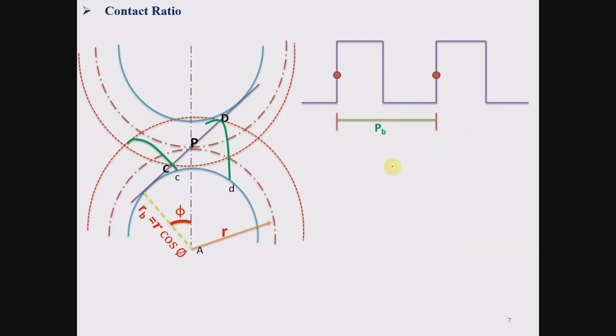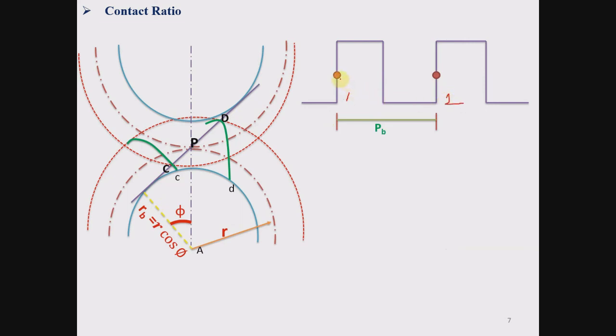Now what does this mean? We have defined the circular pitch and base pitch in gear tooth terminology. What is the base pitch? Distance between two corresponding points on adjacent teeth. Consider tooth number 1 and tooth number 2.